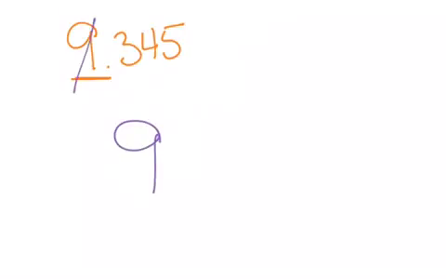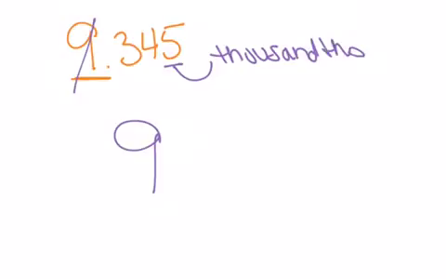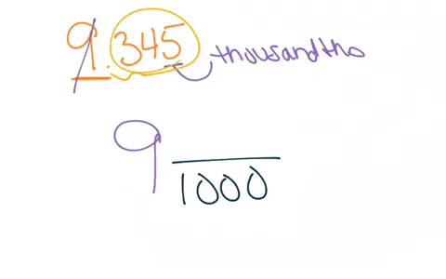This ends in the thousandths place. So if our decimal ends in the thousandths place, we know that our denominator is going to be 1,000. Okay? Then this number right here is our new numerator. Now, soon we're going to start simplifying the fractions, but for right now, let's just set it up correctly.